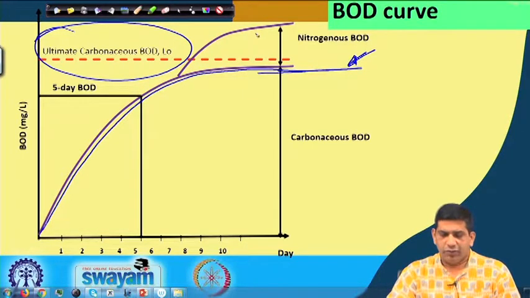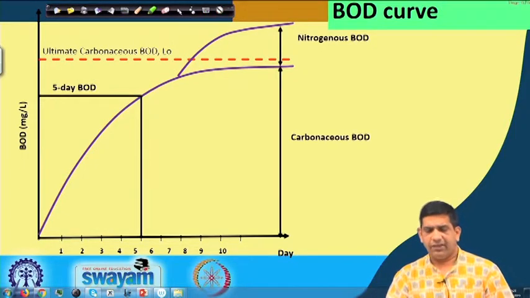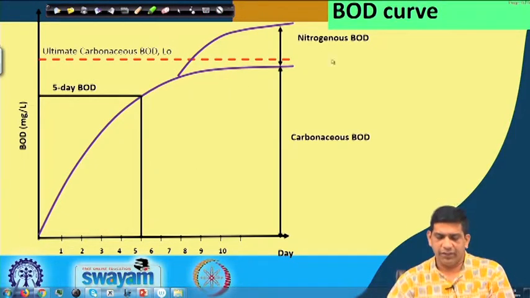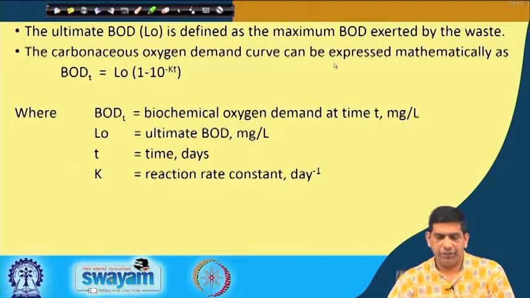That's the maximum BOD loading, but what we are interested in is what happens in 5 days. Ultimate BOD is also a theoretical BOD, which we can calculate. Ultimate BOD is defined as the maximum BOD exerted by the waste, the maximum oxygen that will be consumed. The carbonaceous oxygen demand curve can be expressed mathematically as BOD at time t equals L0 times (1 minus 10 to the power of minus kT).